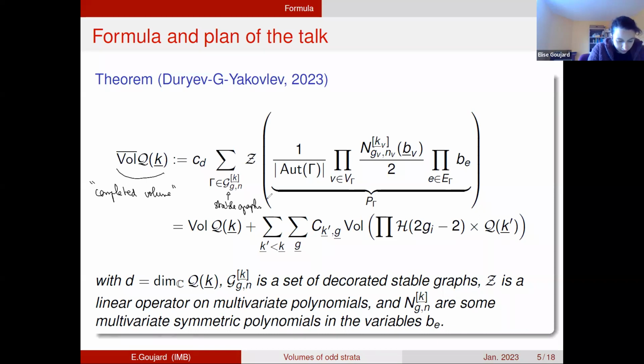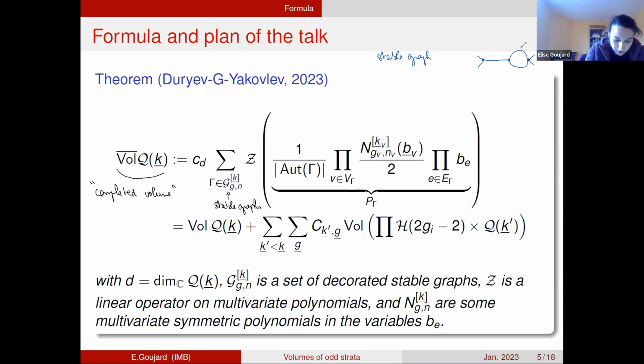So what are stable graphs? Stable graphs are just graphs with some decoration that can have loops, and that can also have legs.